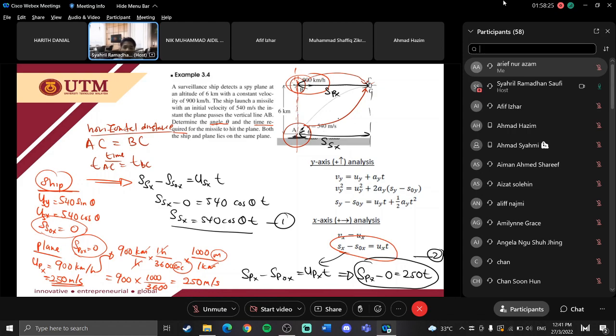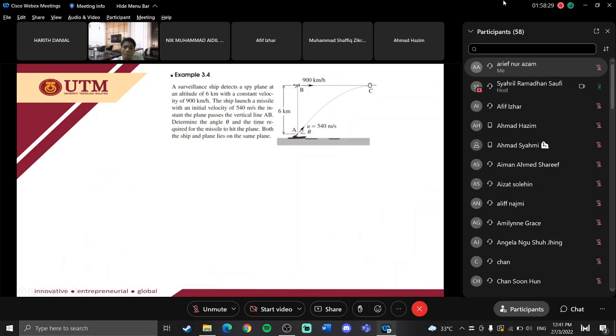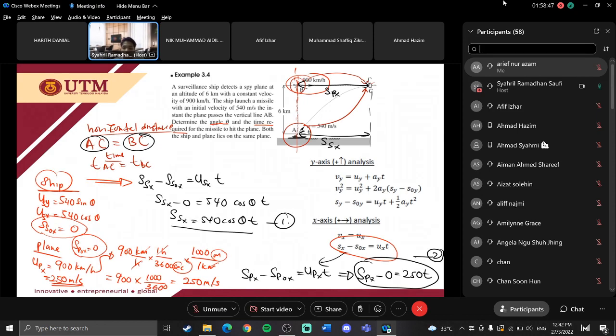So actually AC equals BC. So Ssx is equal to SPx. This means that the final displacement along X for the ship equals the final displacement along X for the plane. So you can equate equation 1 and equation 2.